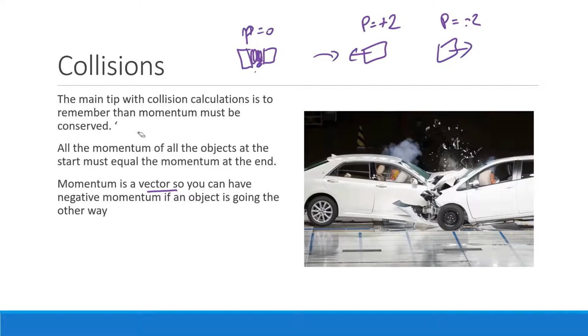Now I've actually gone through all of the basic types of collisions with you guys. We've talked about what happens when an object hits another object and then both of them are still moving forward at different speeds. We talked about what happens when an object collides with another object and it bounces backwards.